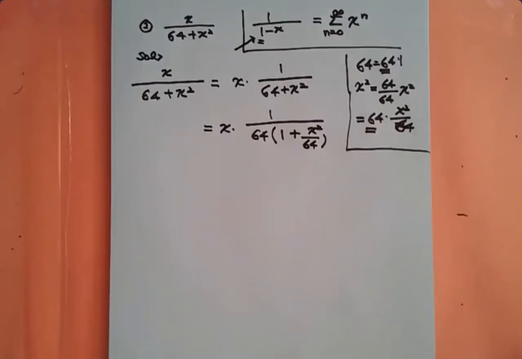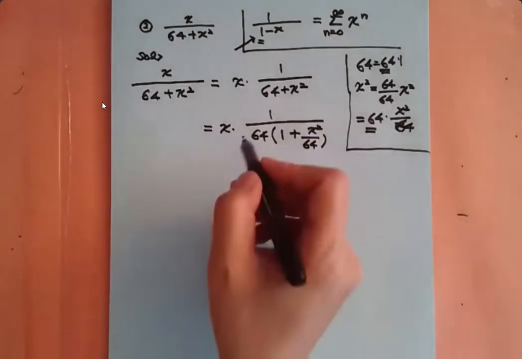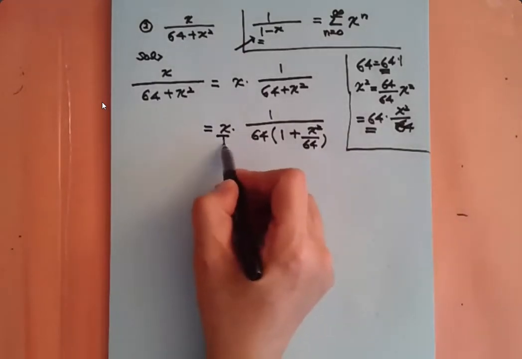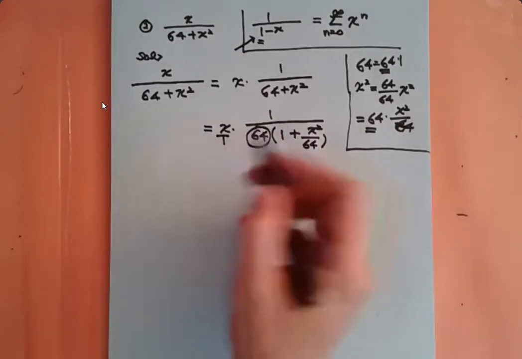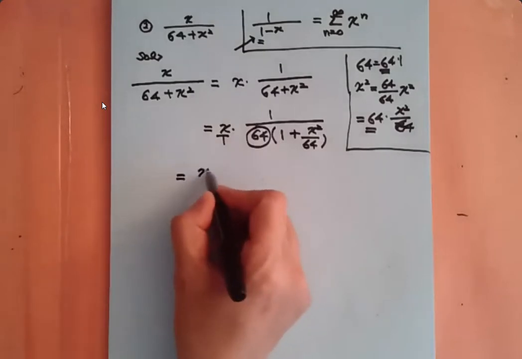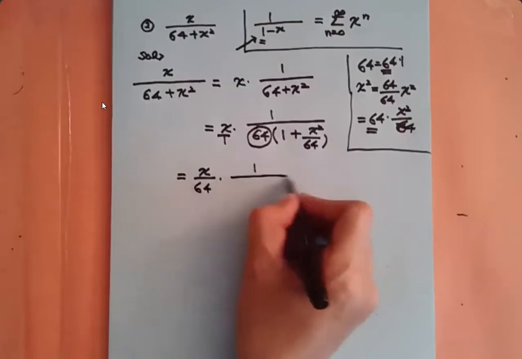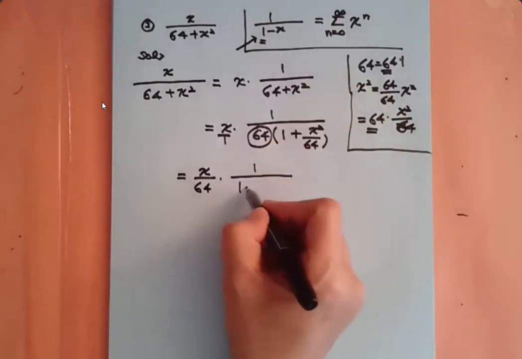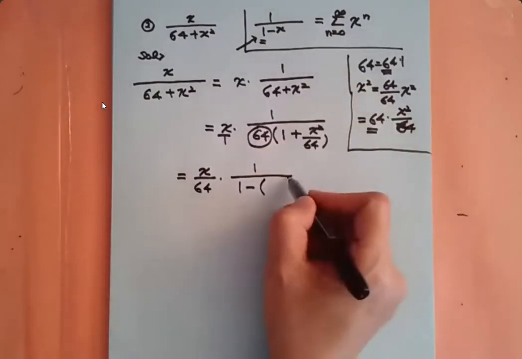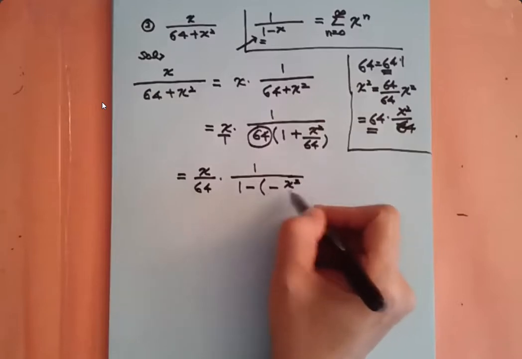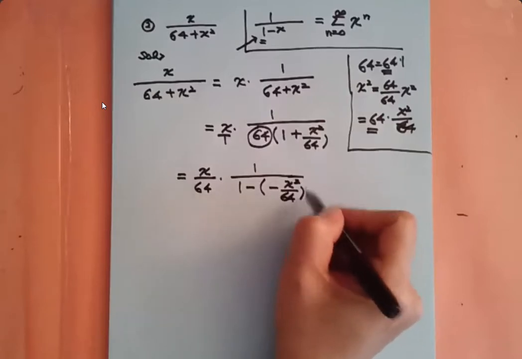And then x is x over 1 and 64 was in the denominator. So we can rewrite that as x over 64 times 1 over, that had to be 1 minus, and then minus x squared over 64.